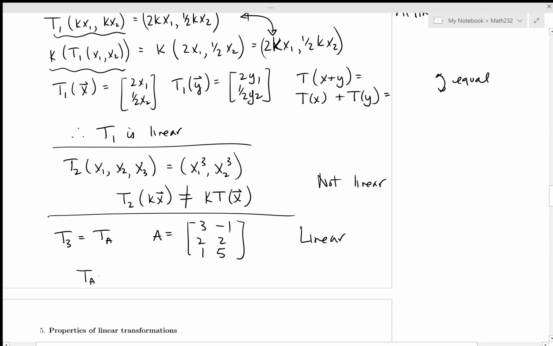Check TA of kx. Check TA of x plus y. So get two vectors, x and y.